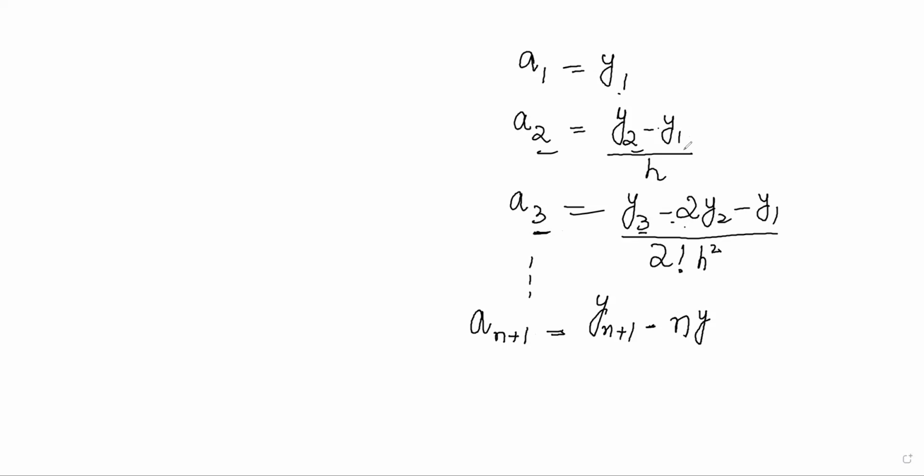Okay, so here we can write a3 y3 minus this a_{n+1} is y_{n+1}, then you have n y, plus many terms, plus the last term here is y1, divided by 2 factorial, here you have 3, you have n plus 1, it has to be n factorial. Then you have 2 factorial and h square, so it will be n factorial h raised to the power n. As you have 1 factorial h raised to the power 1, it will be n factorial.